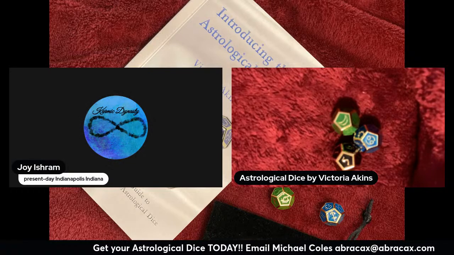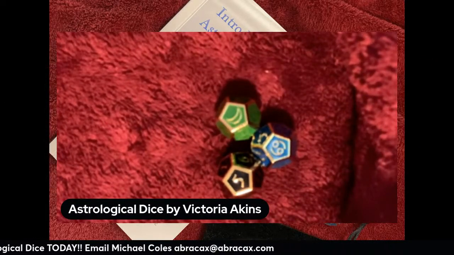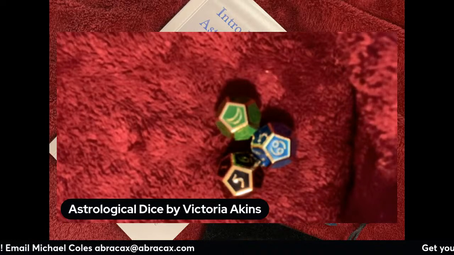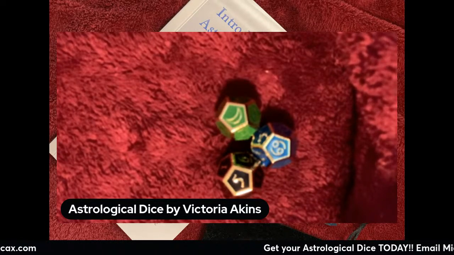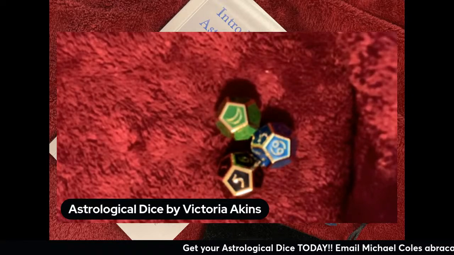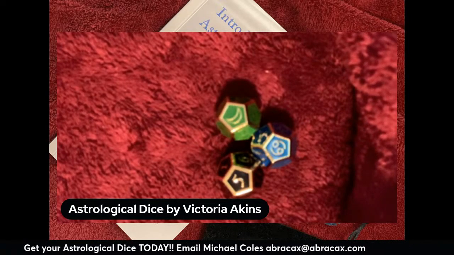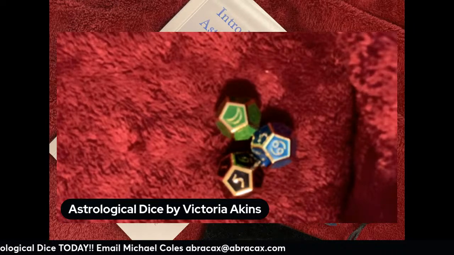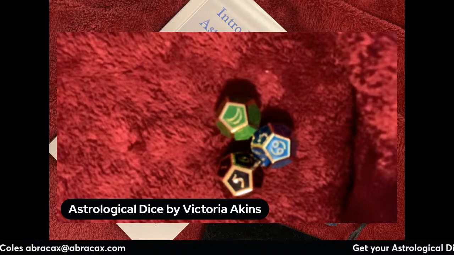Hold on, so y'all can see them better. When the moon appears in answer to your question, it can refer to the nurturing women in your life, such as a mother, grandmother, boss, mentor, or any close female friend or relative who provides emotional, psychological, or spiritual support to you.